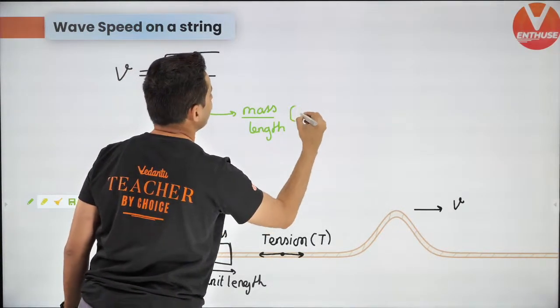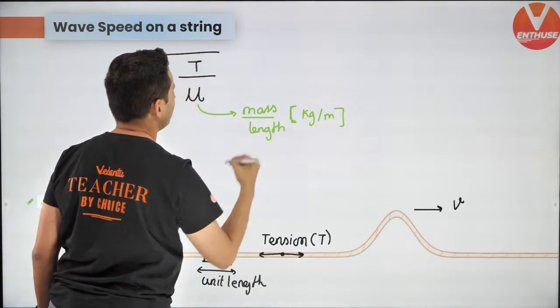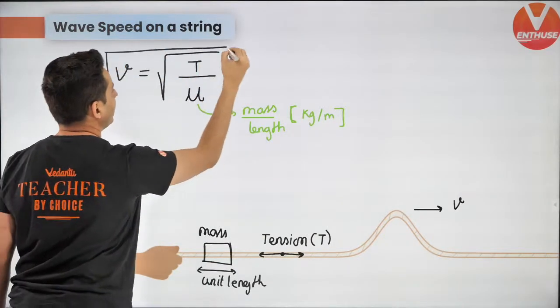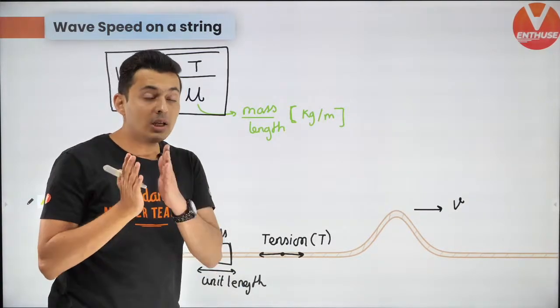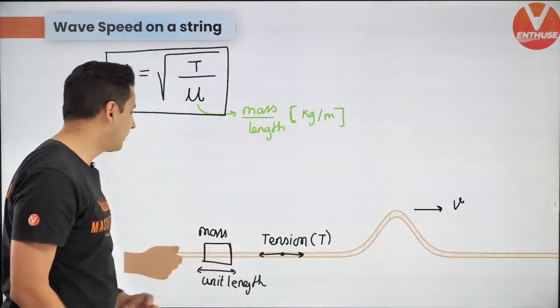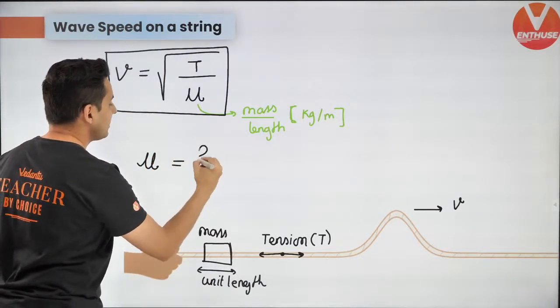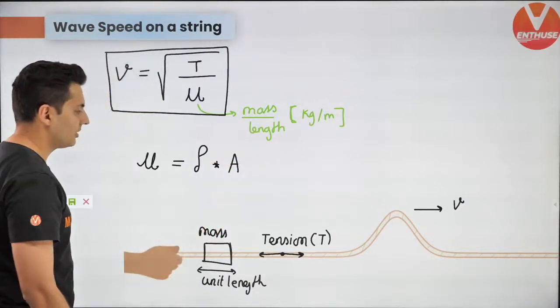So the unit is kg per meter. Keep this in mind, kg per meter. Sometimes they don't give you the value of mu, but they give you the density of that string. When that happens, keep this in mind: mu is density multiplied by area of cross section.